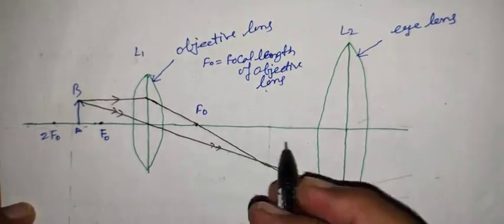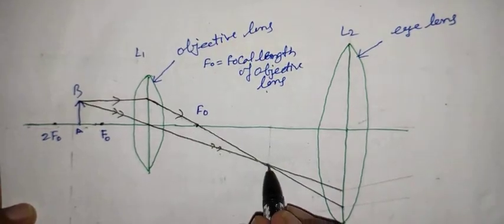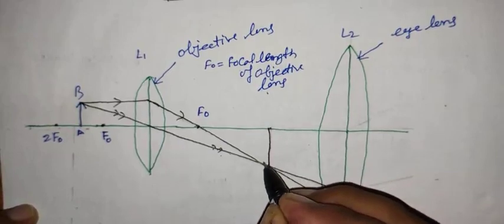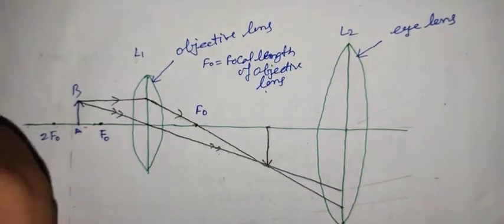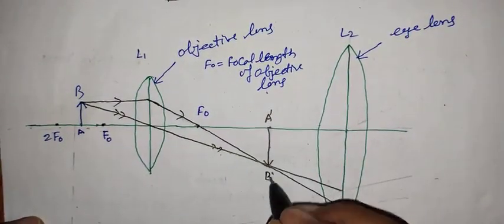See, both the refracted rays, first ray and second ray, meet at this point. So its image of AB is formed here. It is A dash B dash.